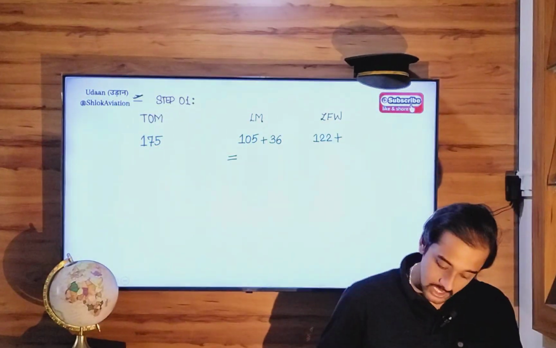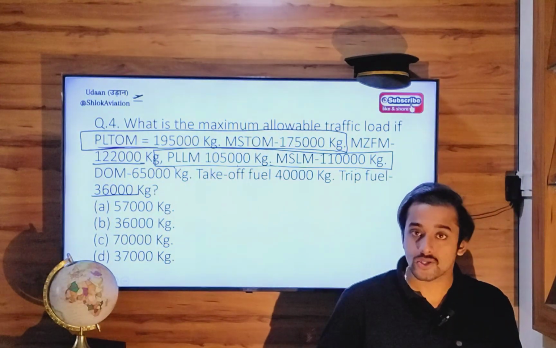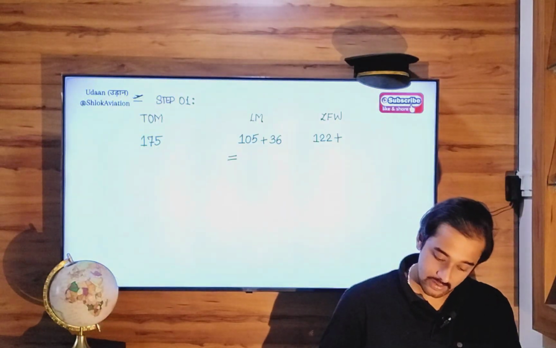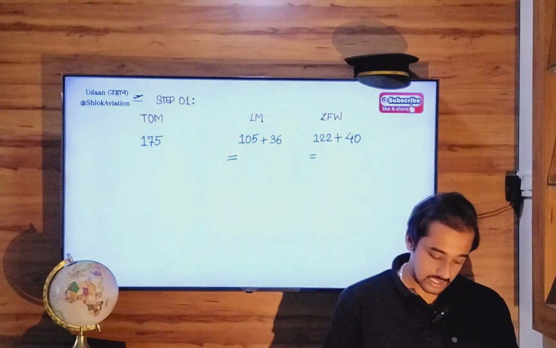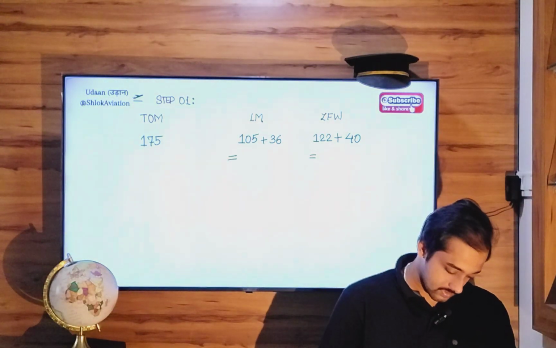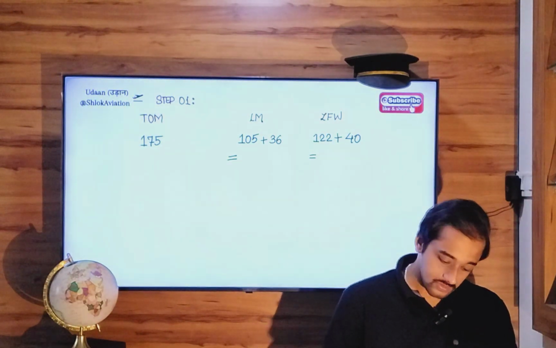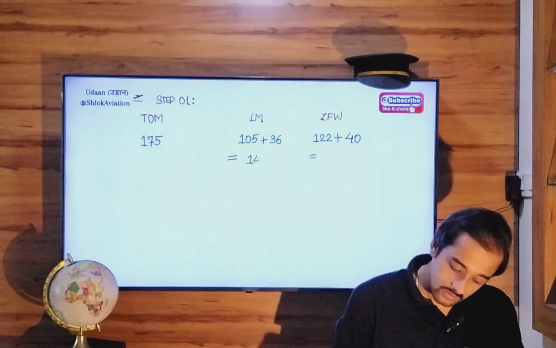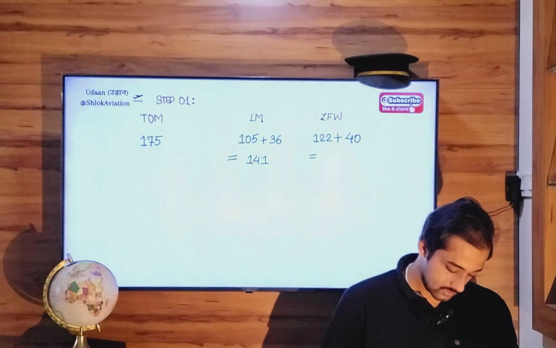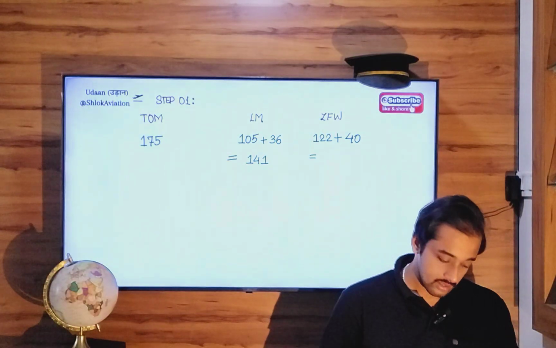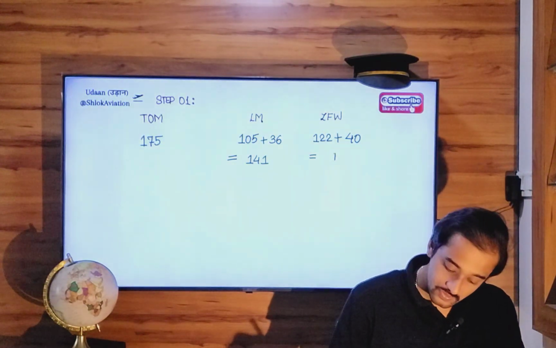How much is takeoff fuel? 40,000. So add 40. So 105 plus 36 is 141, and 122 plus 40 is 162.